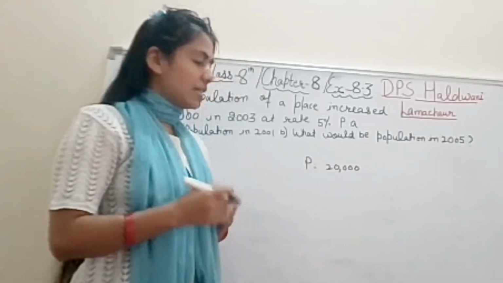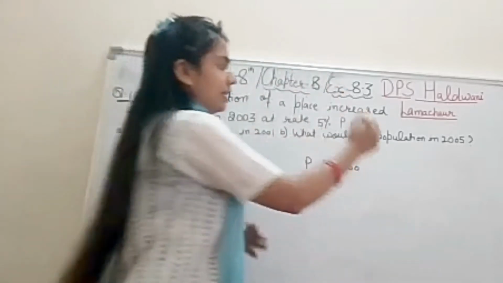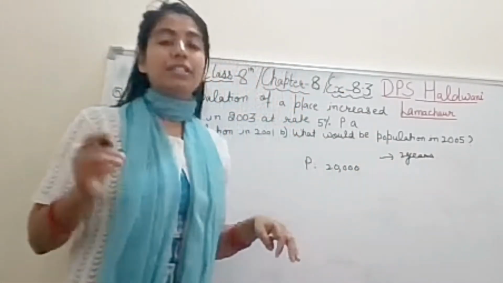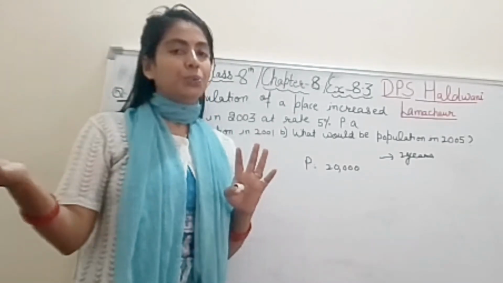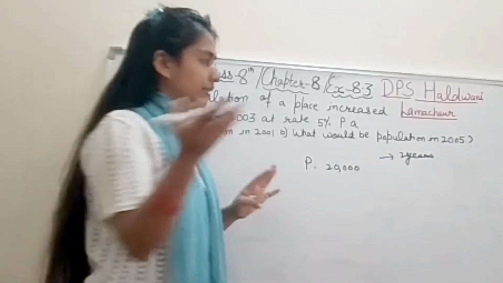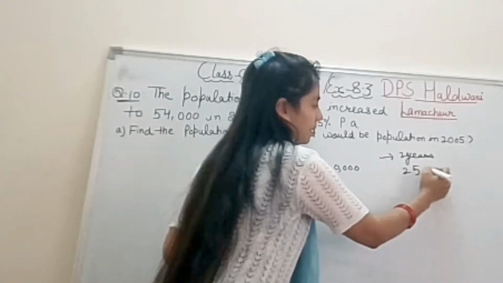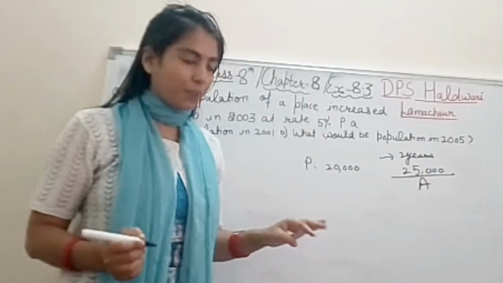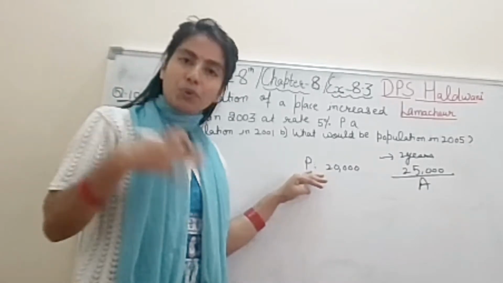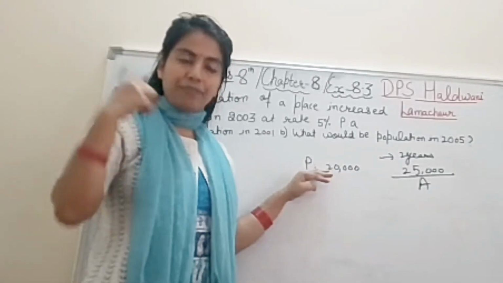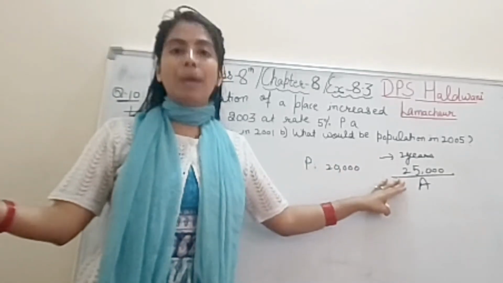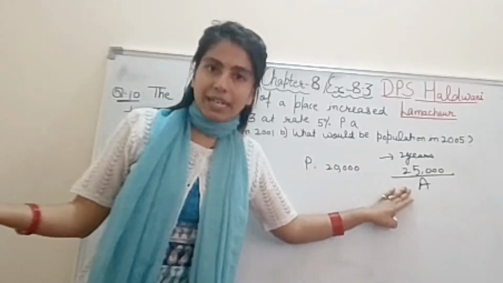And suppose after 2 years, I pay back with some interest, say 25,000. So that will be the amount, yes or no? Whenever I borrow some money, that is principal, and whenever I pay something extra to the bank, that will be the amount, right student?